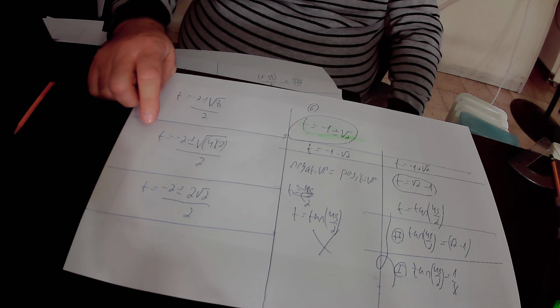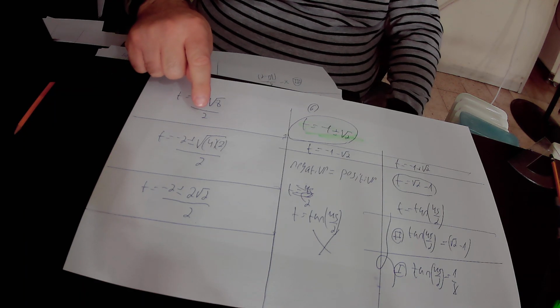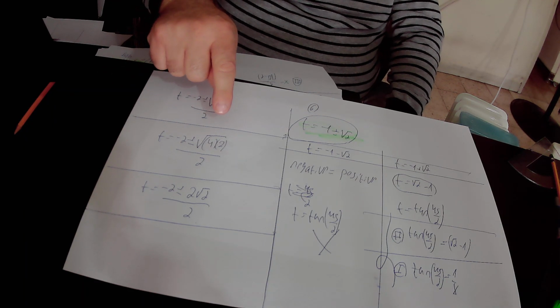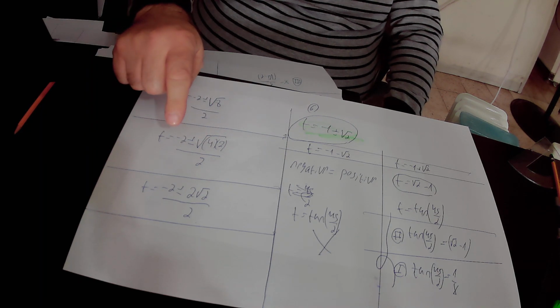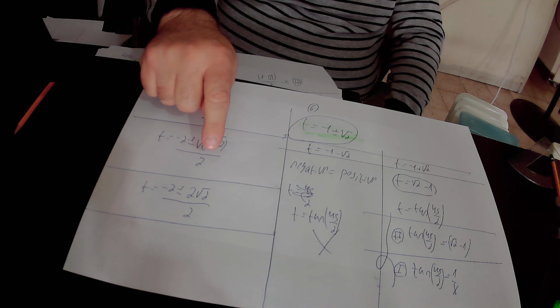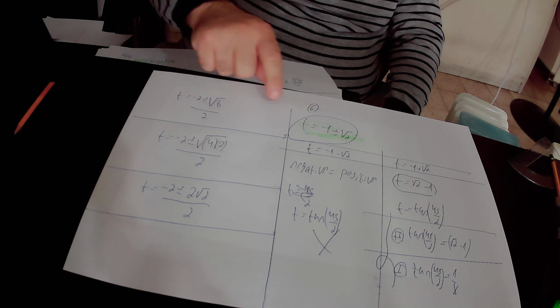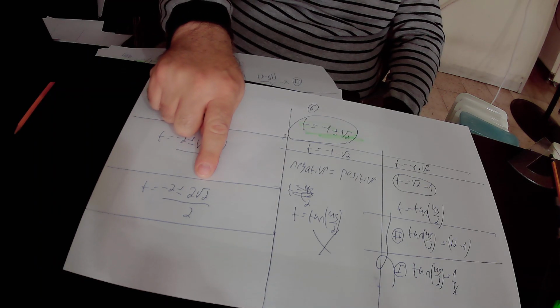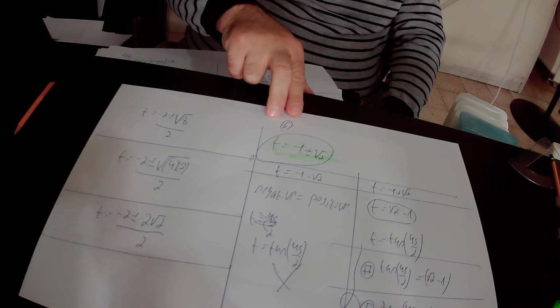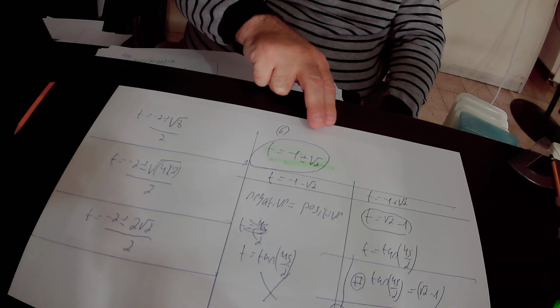The square root of 4 is 2, so inside the root we are left with only 2, divided by 2. So t equals minus 2 plus minus 2 times square root of 2 over 2. So minus 2 over 2 is minus 1, and 2 over 2 is 1, so in total this expression equals the square root of 2. In conclusion, we found that t equals minus 1 plus minus square root of 2.